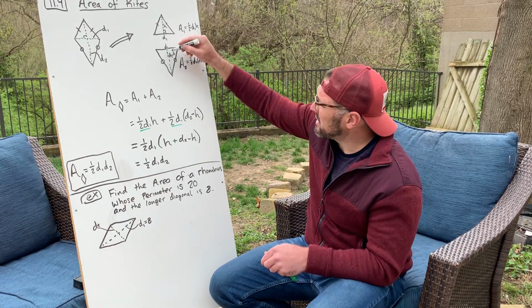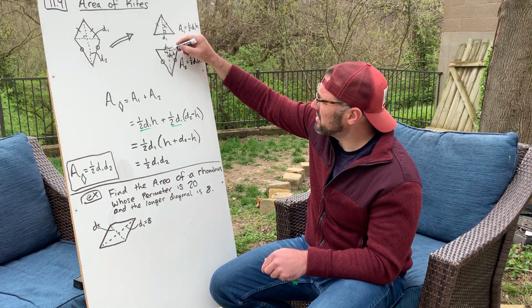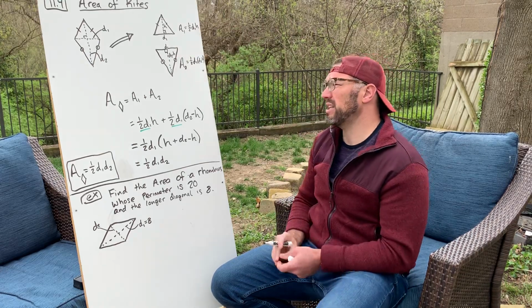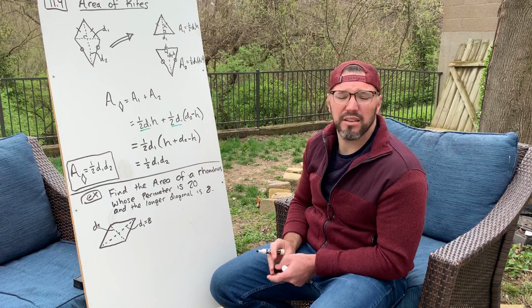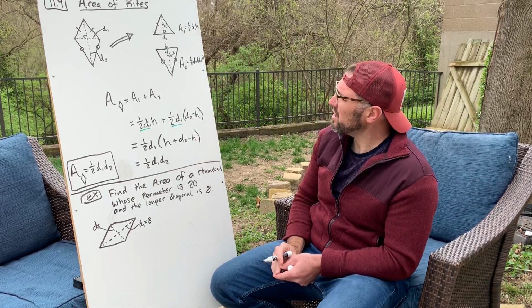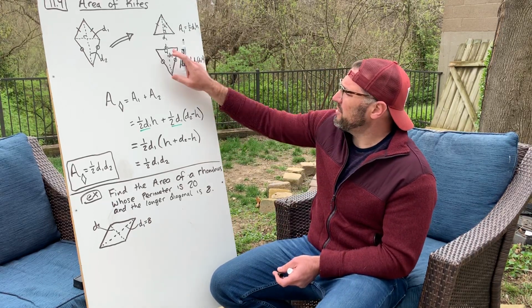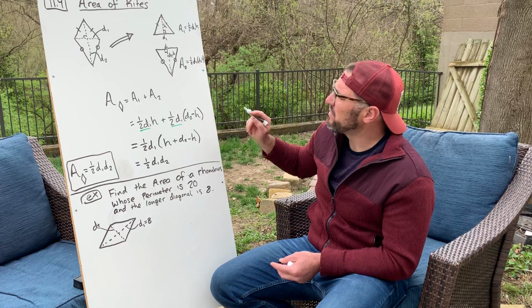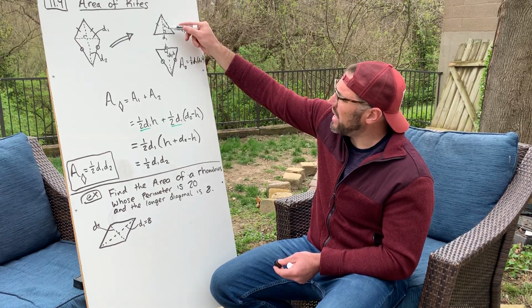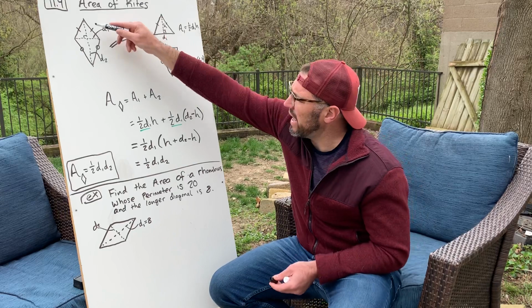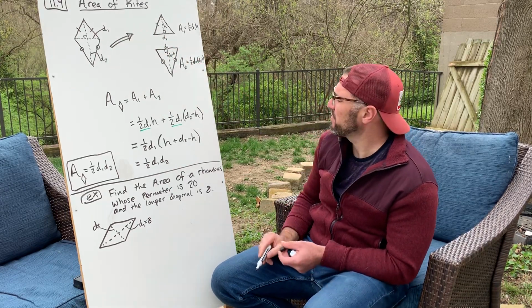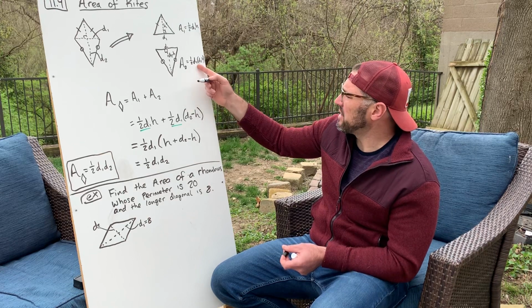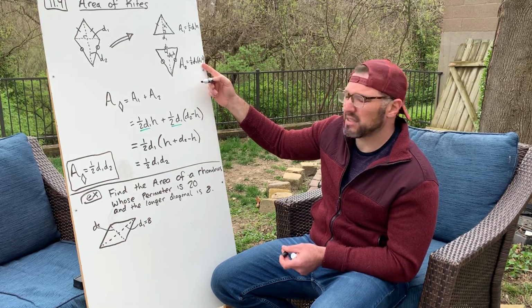The reason it's important to know that the diagonals of a kite are perpendicular is because this value wouldn't be the height if it wasn't perpendicular. So I've got 1/2 base, D1, times the height. If I called this H and the whole diagonal is D2, then this piece is D2 minus H, which means the area is 1/2 times D1 times (D2 minus H).